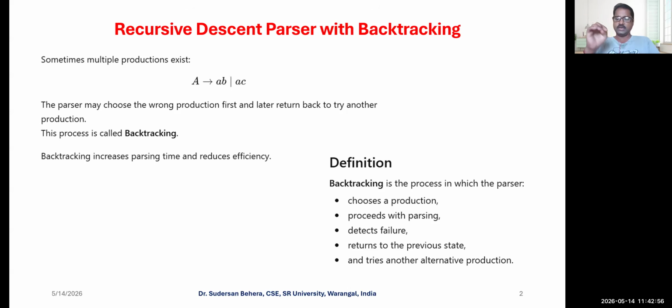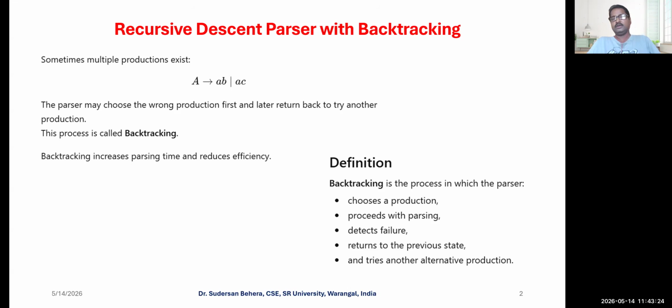If the string is generated successfully, then the string is accepted, I mean, the string is syntactically correct, or grammatically valid. If not, in that case, we can say some error is associated with the string. Okay. So that is the role of a top-down parser, any top-down parser, be it recursive or predictive parser.